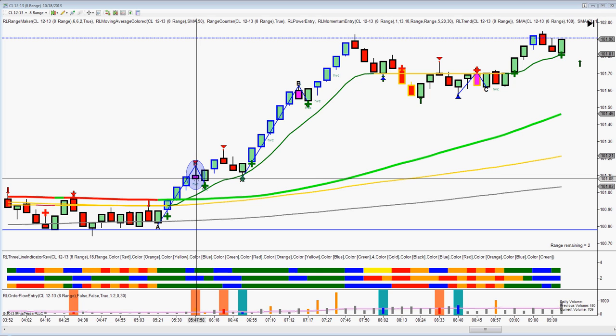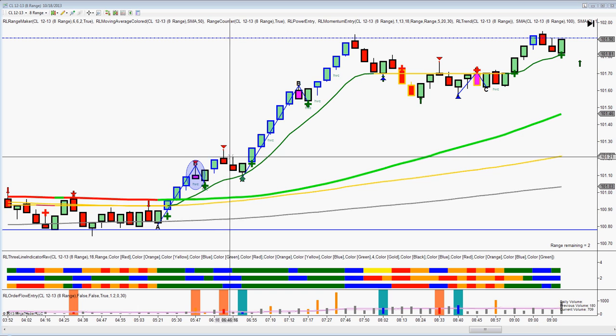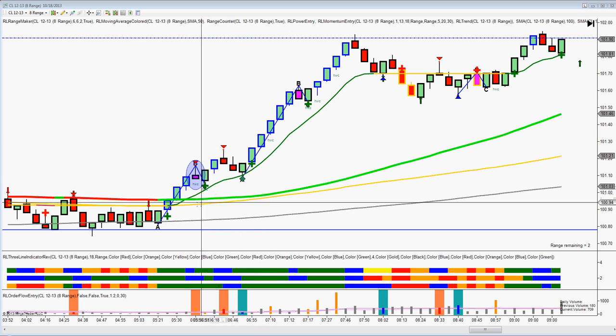Now what this tells you is that most of the sellers are at the bottom of the candle, and they are simply speculating by placing their trade short at the bottom that the trade is going to continue to the downside. And when they turn out to be wrong, this market is going to get propelled up even faster.